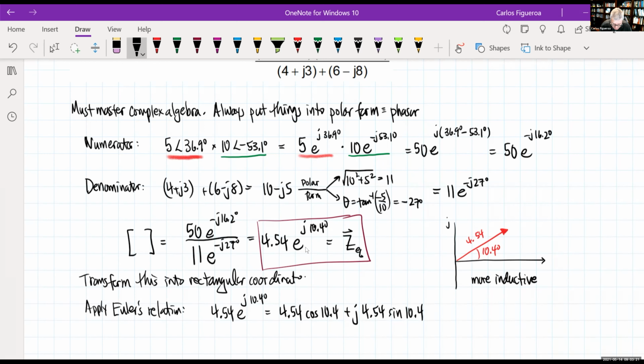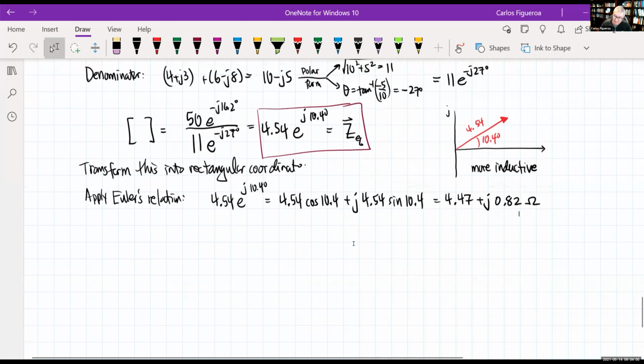If I compute these numbers, what am I getting here? I'm going to get 4.47 plus j 0.82, and I'm going to say that this is in ohms.